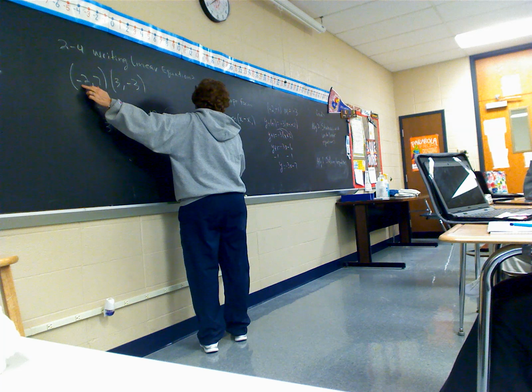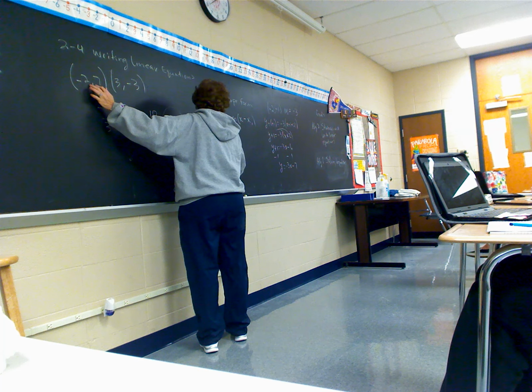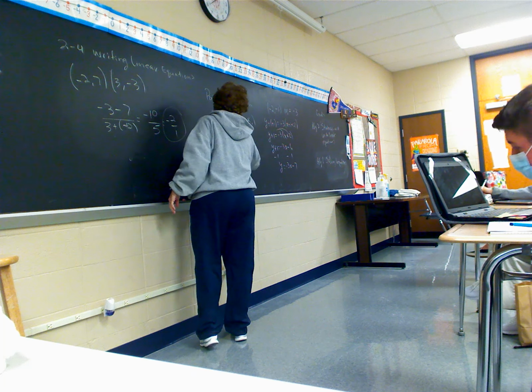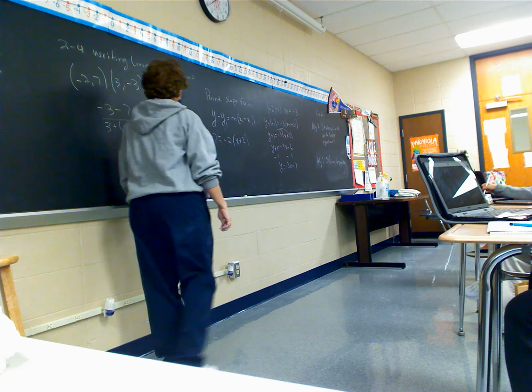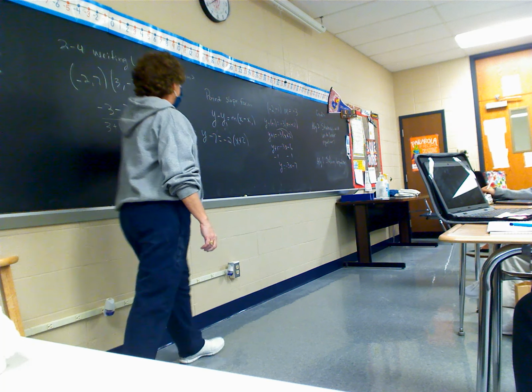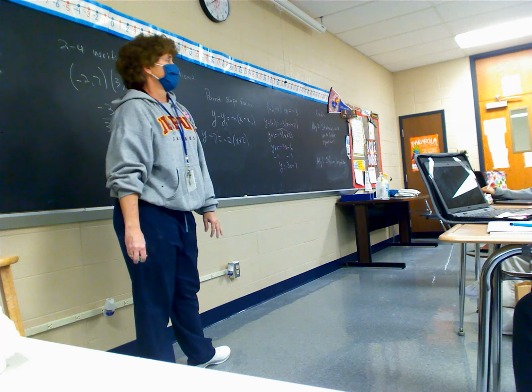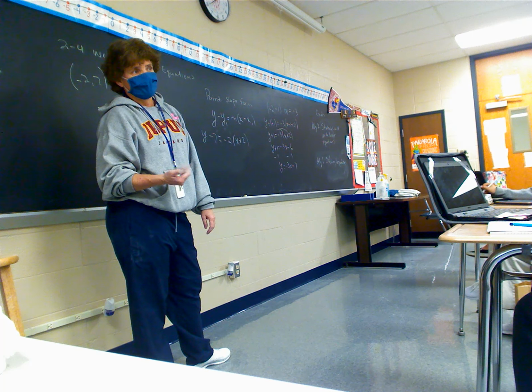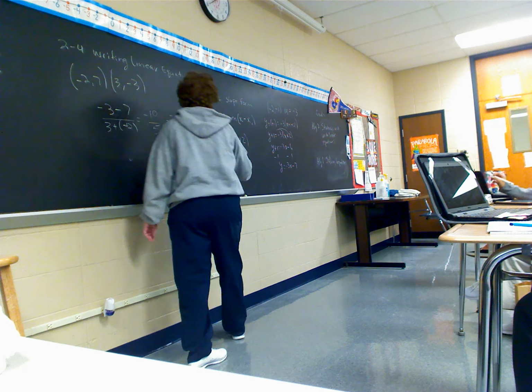Y minus 7 equals negative 2 times x plus 2. That's from here. That's this ordered pair. And now I put that information into that formula. Here I'm going to convert it to slope and y-intercept.